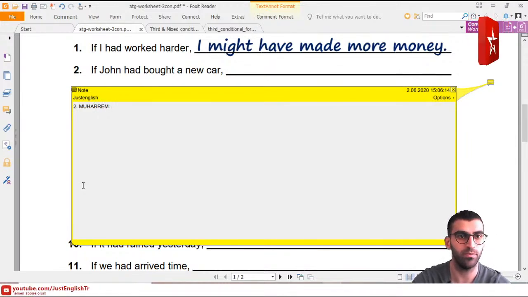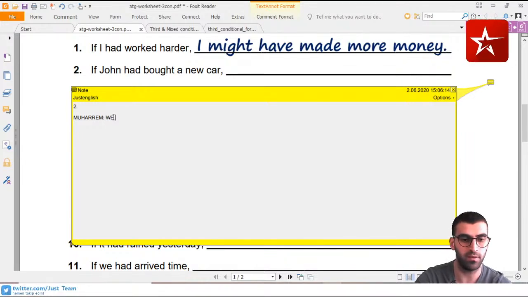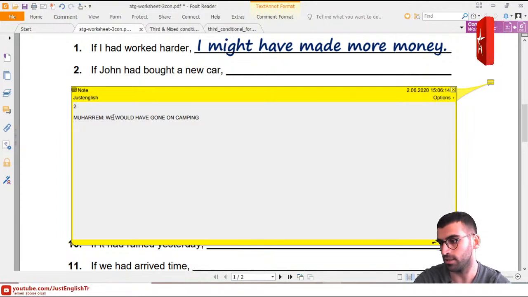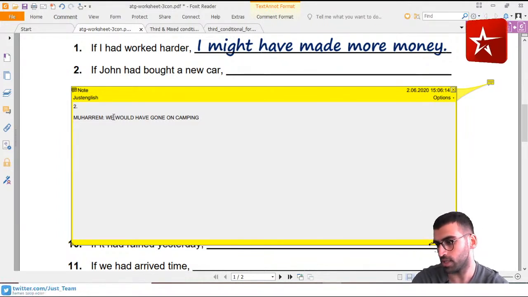For number two, let me write it on the screen. Yes, Muharrem says, if John had bought a new car, we would have gone on camping. All right, that is the first idea by Mr. Muharrem, and the second idea by Mr. Nejat, he would have used it for going to work.